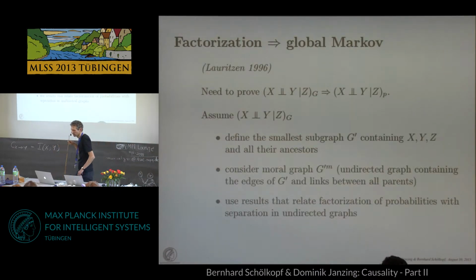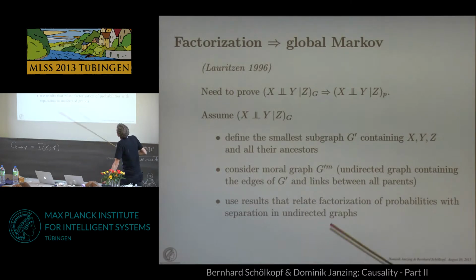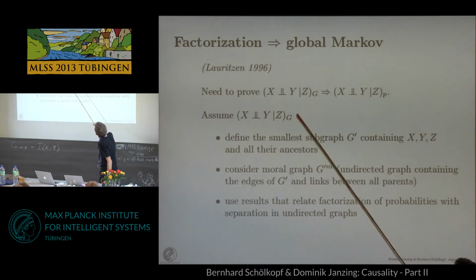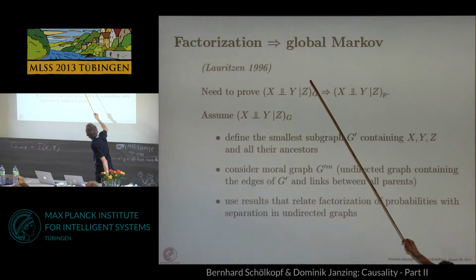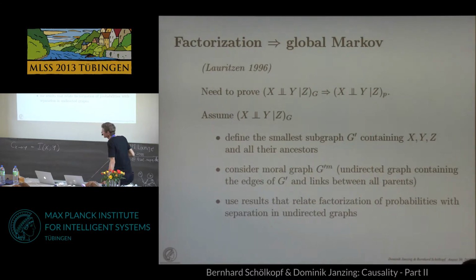Okay. Then we have the fact that factorization implies the global Markov condition. That's the most difficult step that I want to skip. I just want to mention that it uses already known results from undirected graphs. So there's this red book of Lauritzen with graphical models where you find a lot of material about undirected graphs.